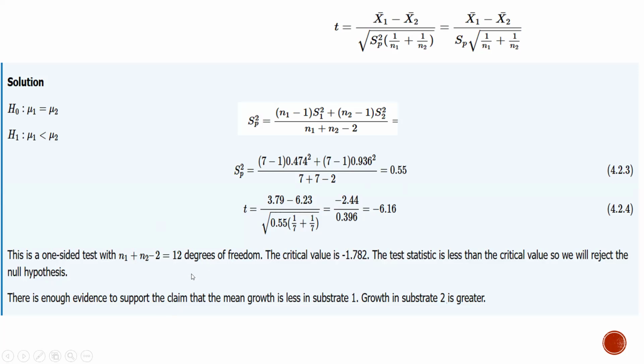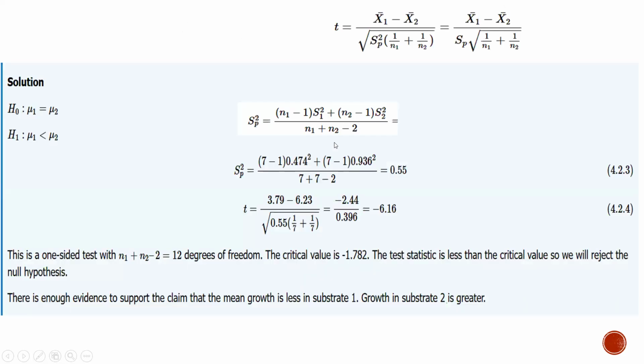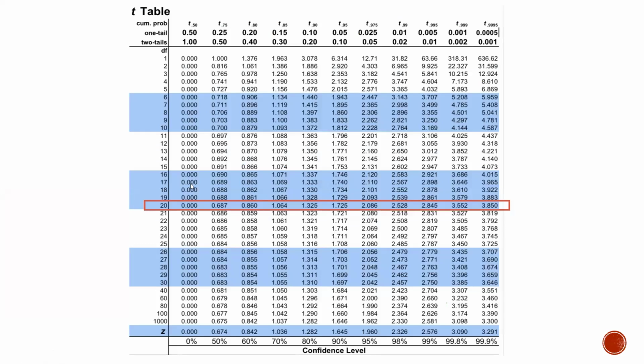And we will find the critical value from this table. At alpha 0.05 and degrees of freedom 12, the value for t is minus 1.782. This is the critical value for the pooled variance t-test at 12 degrees of freedom and alpha 0.05.